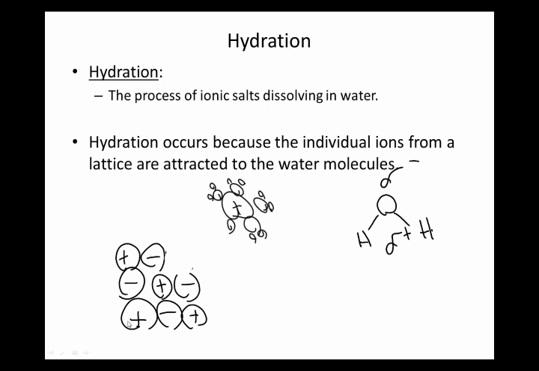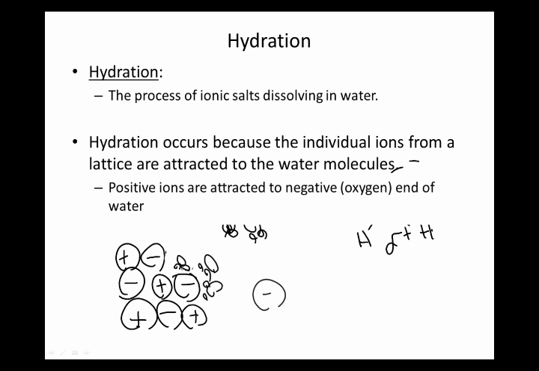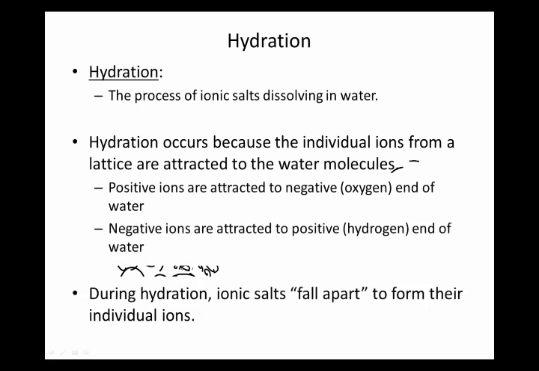This now exposes the negative ions, and more water molecules come along, and now they show the positive end, the hydrogen end, and they surround the ion and separate it. So what happens with ionic compounds in solution is they undergo a process called dissociation.